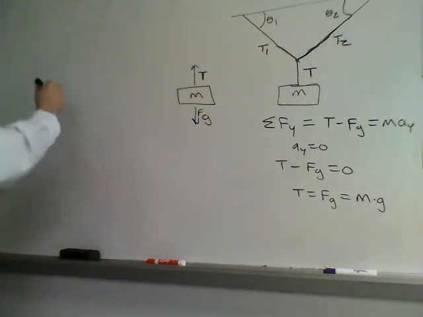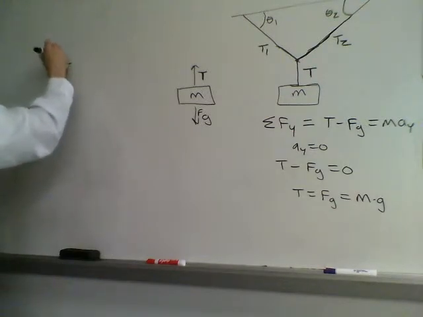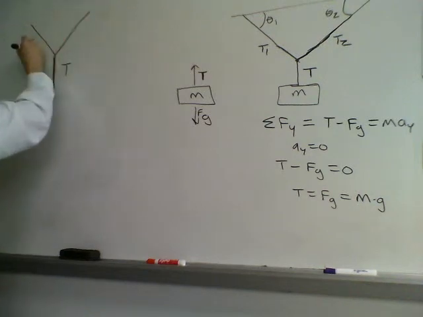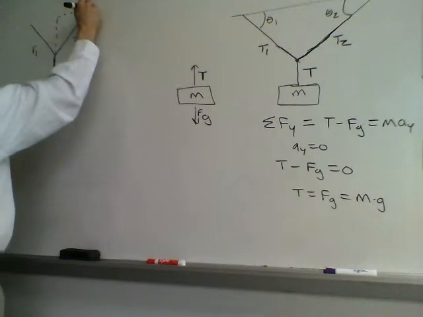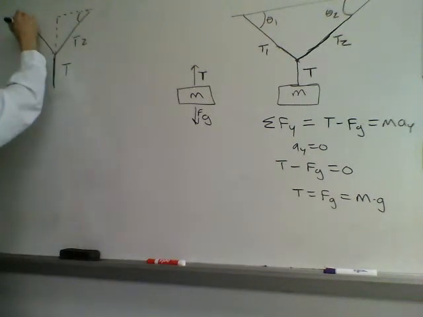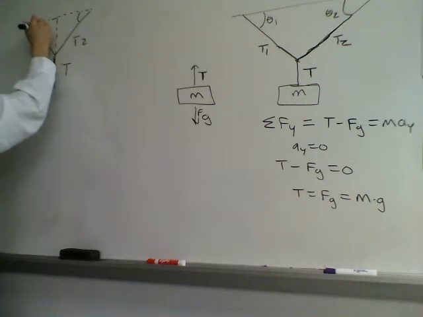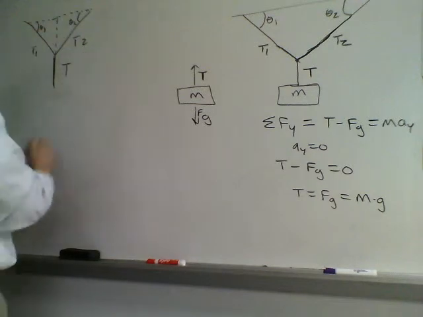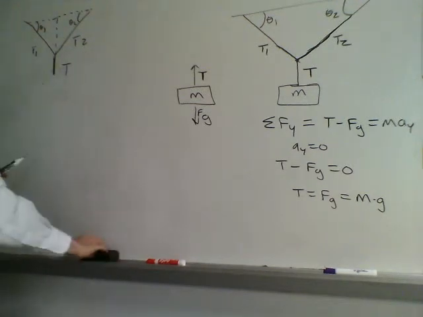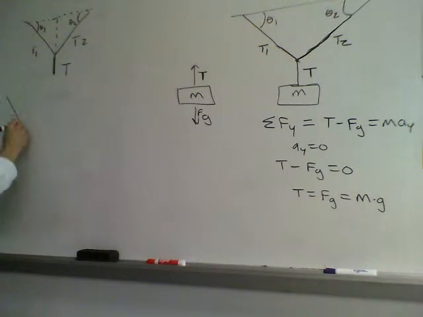So what does this look like? When we draw this picture, we have the tension here, and tension 1 and tension 2. We need to break our tensions into components. Looking at tension 1, here's theta 1, T1.